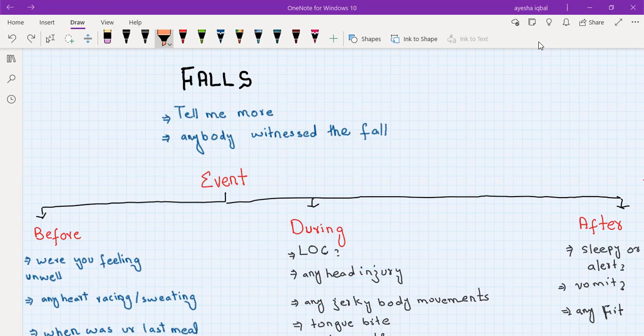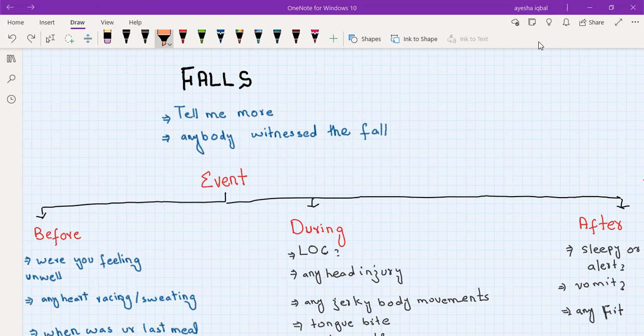But here, you can neither fit SOCRATES nor ODIPARA because fall is not a symptom, not similar to pain or nausea or vomiting. It's an event. So we are going to take an event type of history.